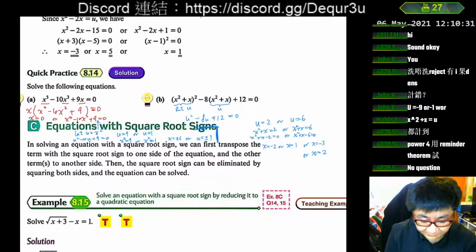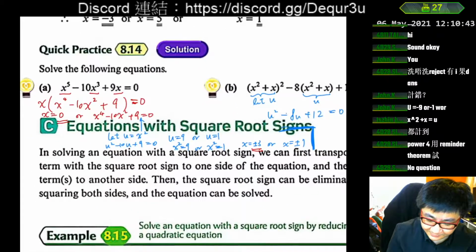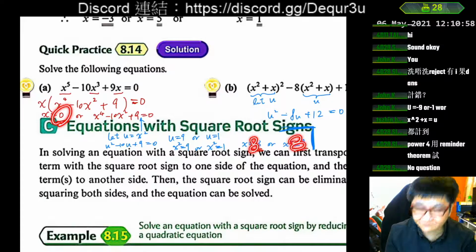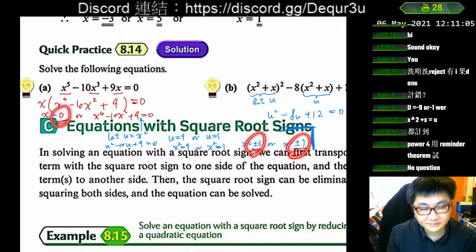Okay, so a degree 5 equation, and what do we have finally in our answer? We have the very first answer 0, and then we have plus or minus 3, plus or minus 1. So all together, you see there is 1, 2, 3, 4, 5 solutions, 5 roots. So a degree 5 polynomial, we get 5 roots.